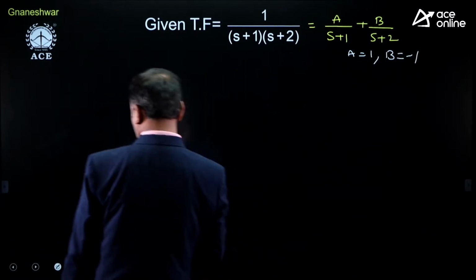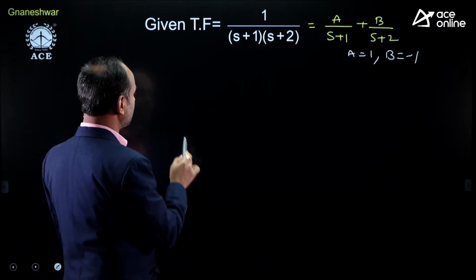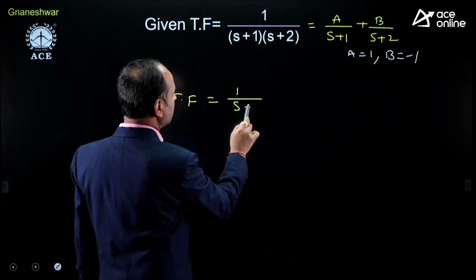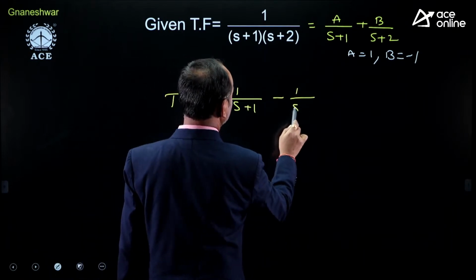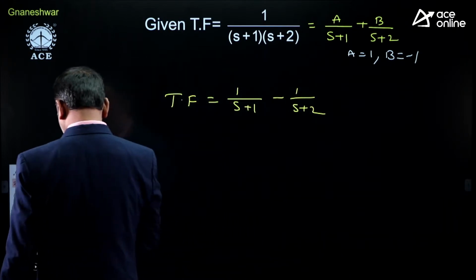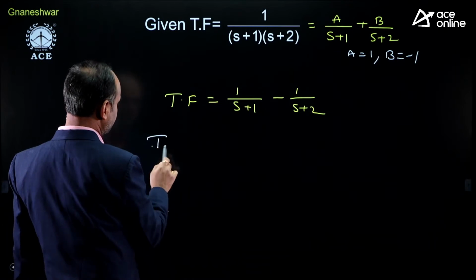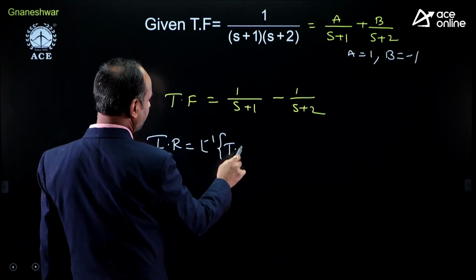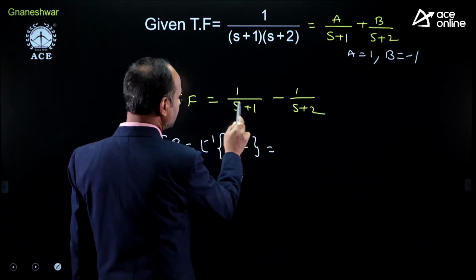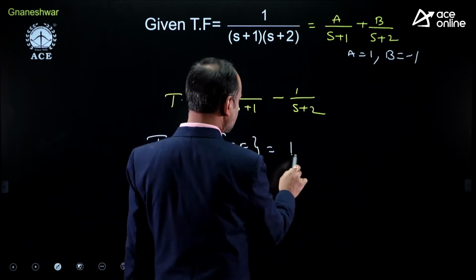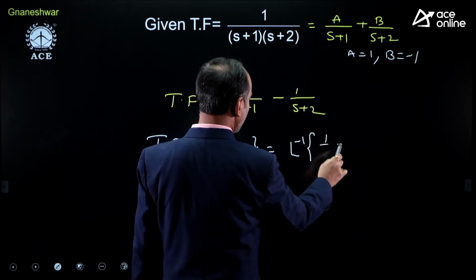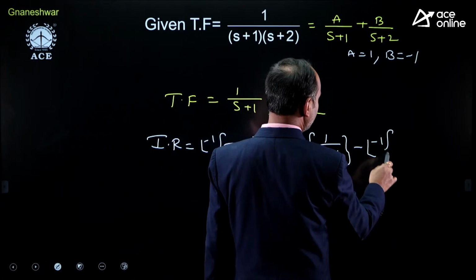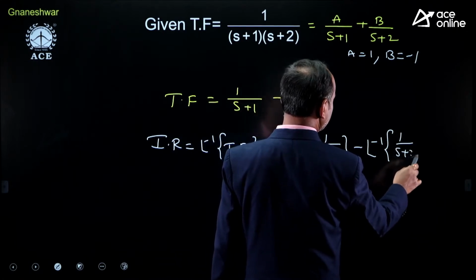Now substitute here. The transfer function of the system equals 1 upon S plus 1 minus 1 upon S plus 2. The impulse response of the system equals L inverse of the transfer function. So apply the inverse: L inverse of 1 upon S plus 1 minus L inverse of 1 upon S plus 2.